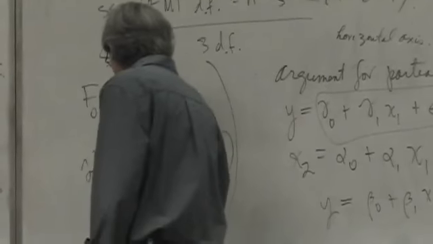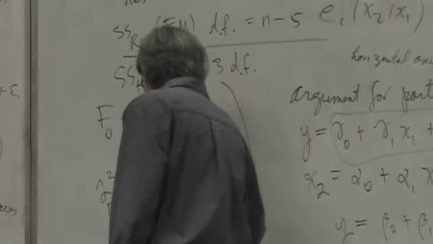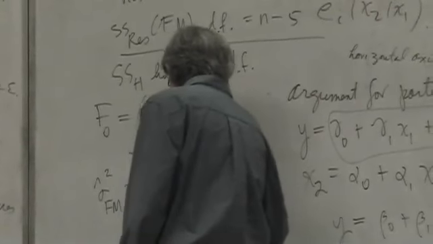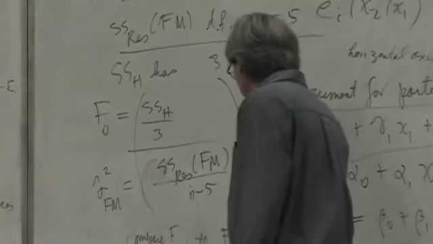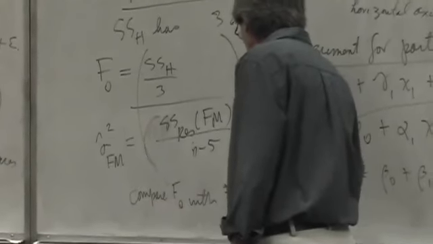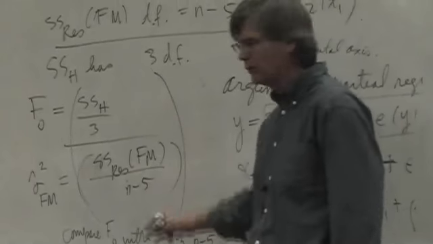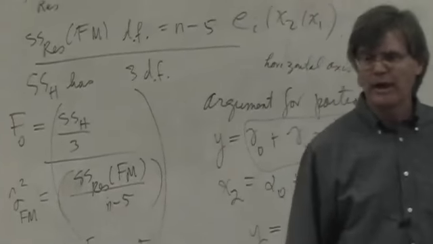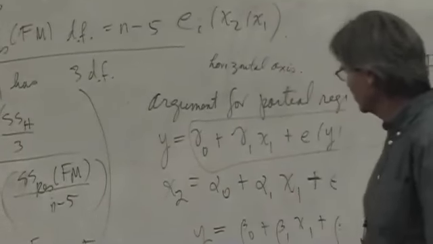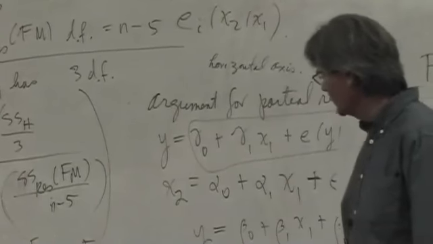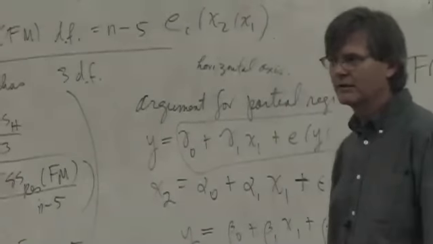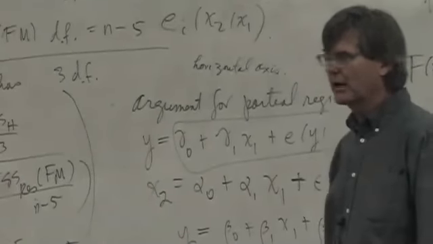Compare F naught with F alpha, comma, how many degrees of freedom? The 3 numerator degrees of freedom and n minus 5 denominator degrees of freedom. You just look at these degrees of freedom. If F naught is bigger than that critical value, then you reject the null hypothesis. If it's not, then you accept.